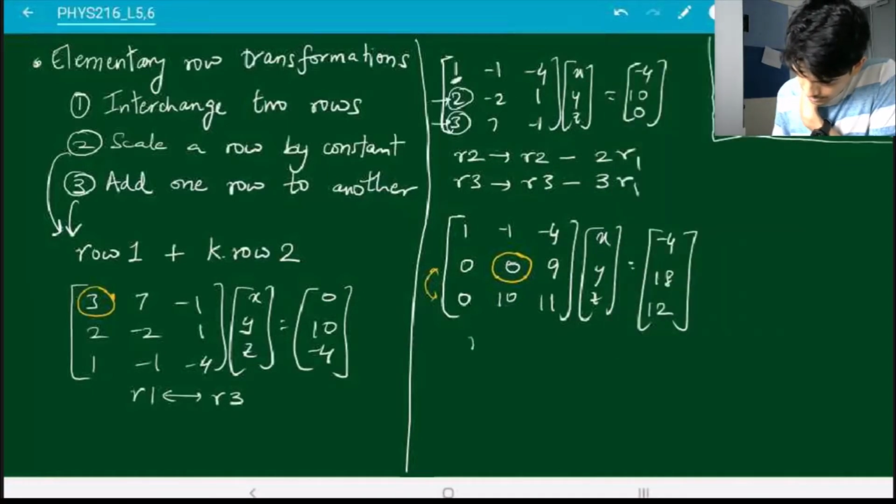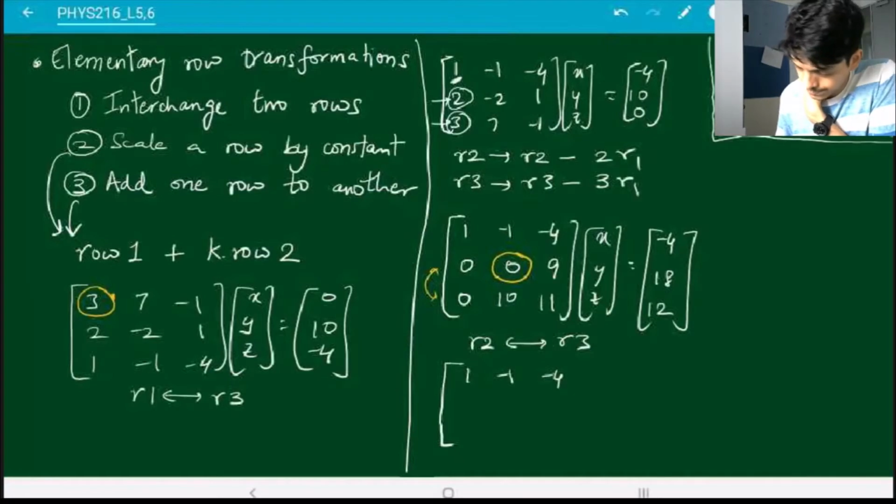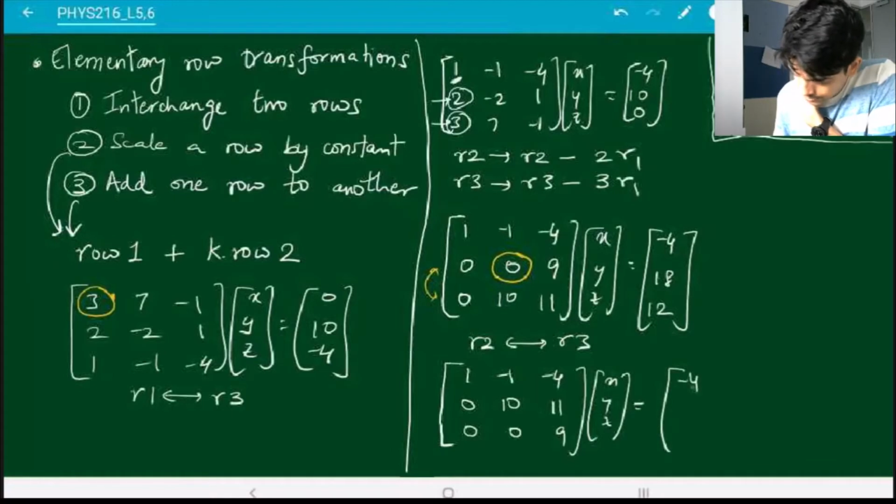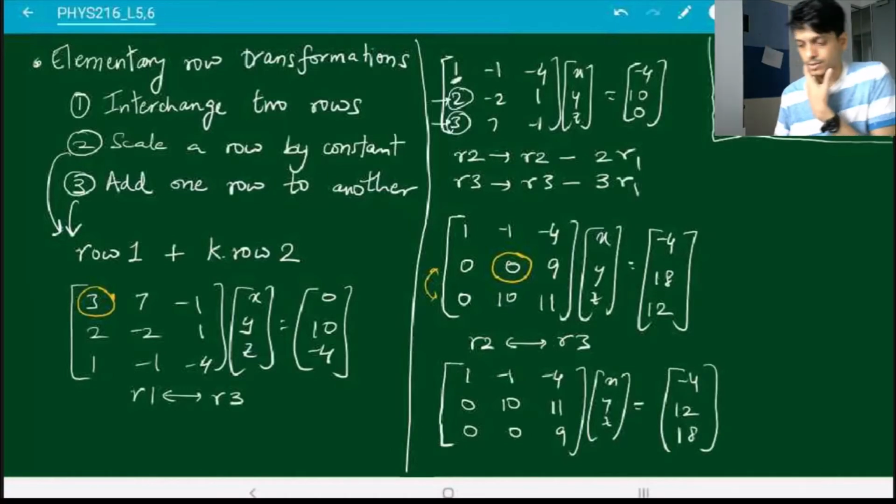So now I say R2 interchange R3. I get 1, minus 1, minus 4, because nobody's changing the first row. 0, 10, 11, and 0, 0, 9. X, Y, Z. Again over here, now I'm exchanging the second and third.